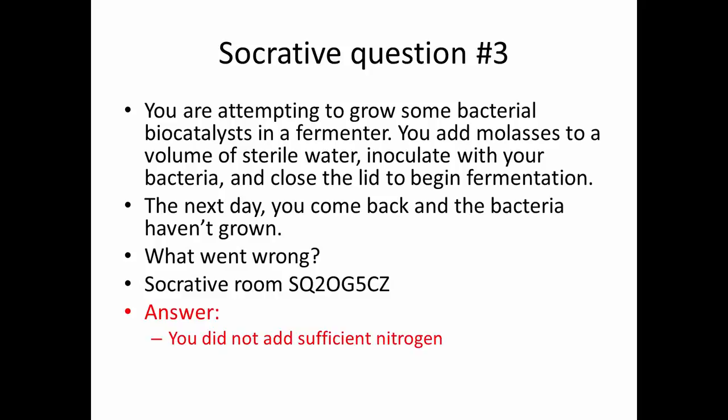One of the main things I can think of is that you did not add sufficient nitrogen. It could also be that you're missing some other important nutrients. So you need molasses as the main carbon source, but you could also add something like yeast extract or distillers solubles as the nitrogen source. And that would probably also give you other nutrients as well.